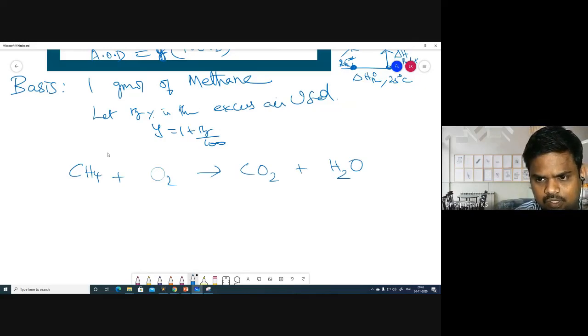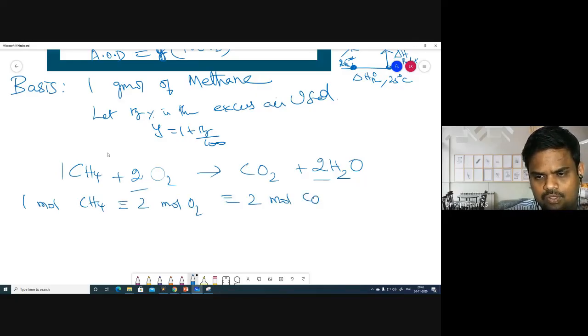Balance it, 2 is here, 4 H is there, so 2 plus 2 is 4. So we have, what I can write is 1 mole of CH4 reacts with 2 moles of oxygen to form 1 mole of CO2 and 2 moles of water.